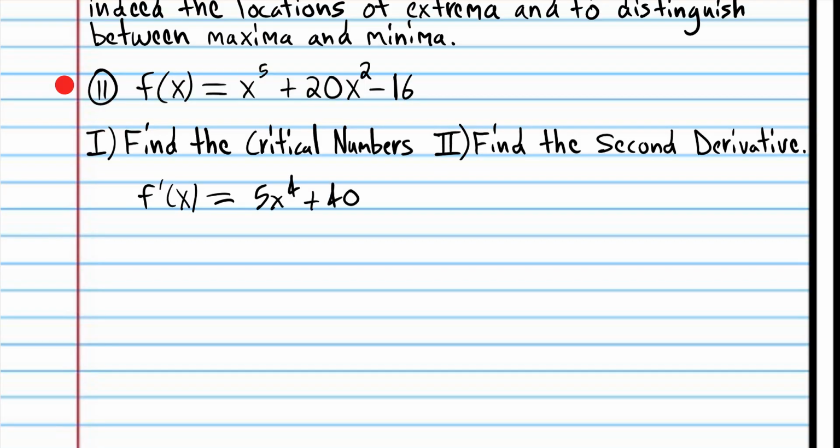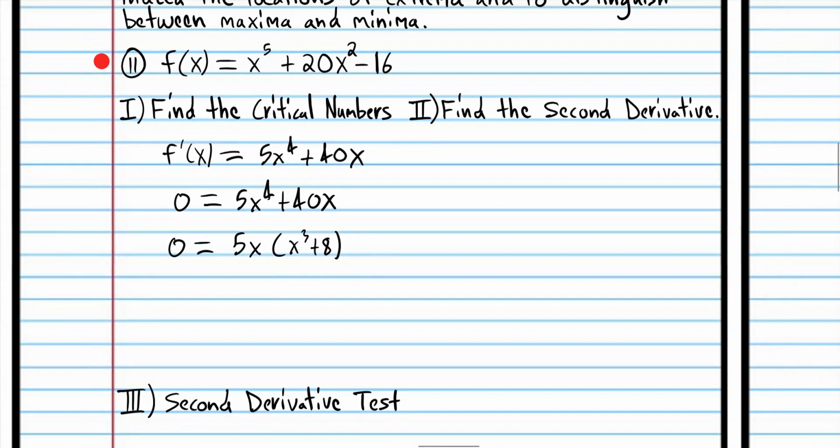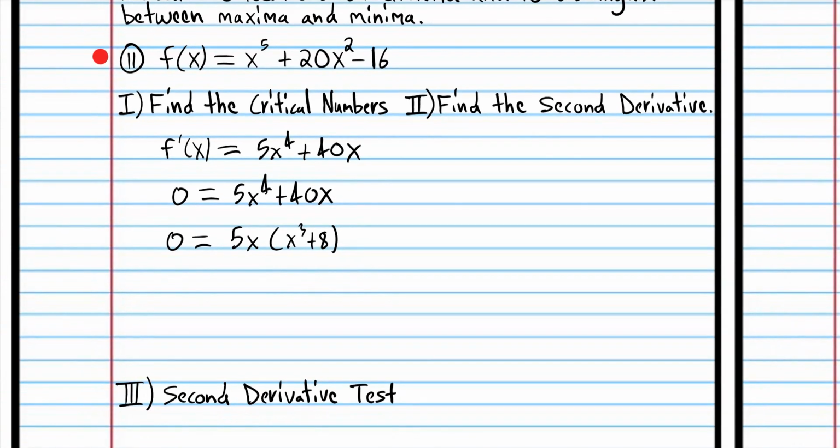Well, in order to figure that out, we first have to find the derivative. Then we set it equal to 0. Then we solve. And then we have our critical numbers.